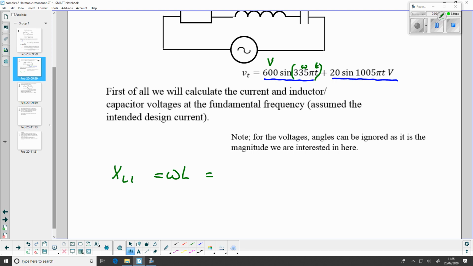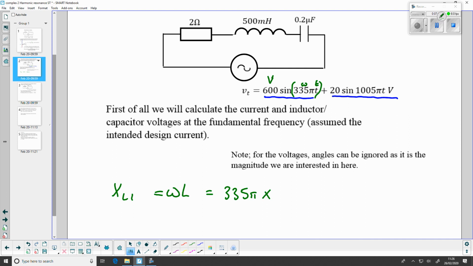So what's omega worth there? 335 pi. Inductance is 500 millihenries, yeah, half a Henry. Right, I make that 526.